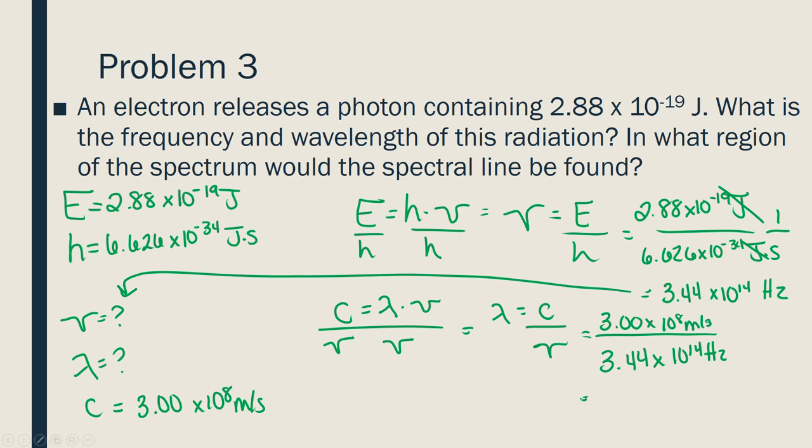We have 3.00 with 3 significant figures, divided by that 3.44, which also has 3 sig figs, so we can keep 3 sig figs. We get an answer of 8.72 times 10 to the negative 7th meters. Lining those up, hertz and the second cancel. We are finding wavelength, so meters should make sense.